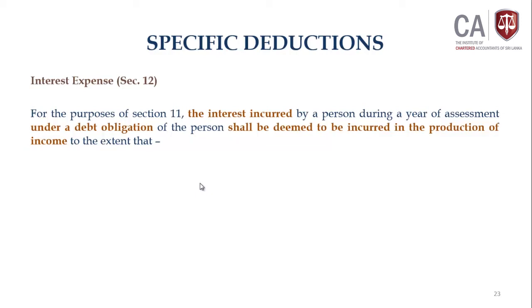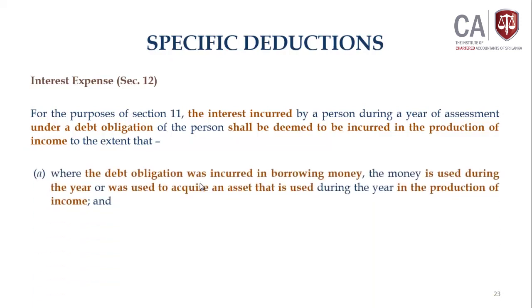So, interest incurred by a company or by a person for a year of investment under a debt obligation shall be deemed to be incurred in the production of income to the extent that the debt obligation was incurred in borrowing money that is used during the year, or was used to acquire an asset that is used during the year in the production of income.